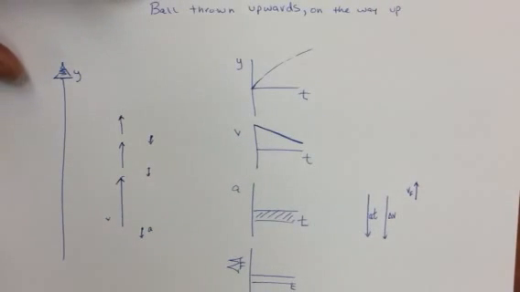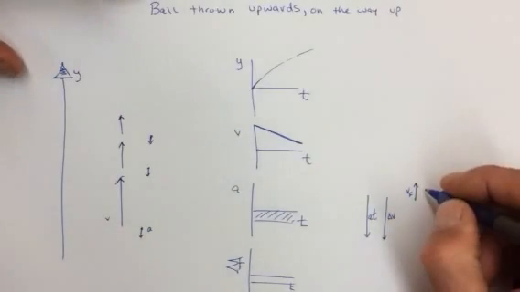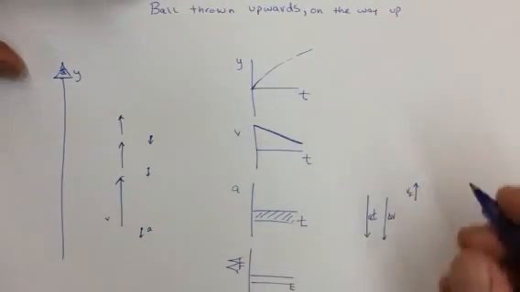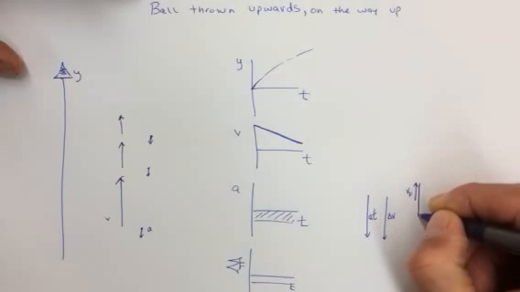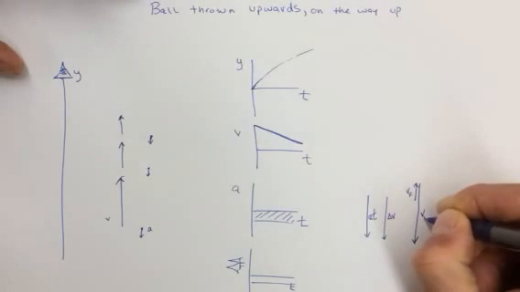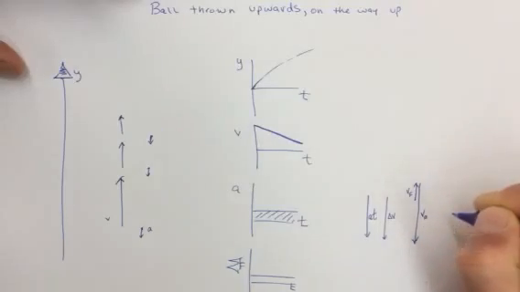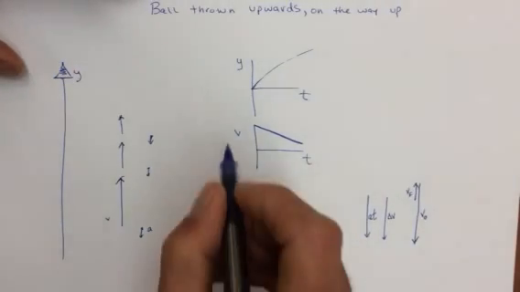So it's up and it's not as large. This would be my final velocity. Final velocity is up. My initial velocity is up, but it's much larger, and I have to subtract it. So I have to reverse the direction of my beginning velocity and add it to my final velocity, right?